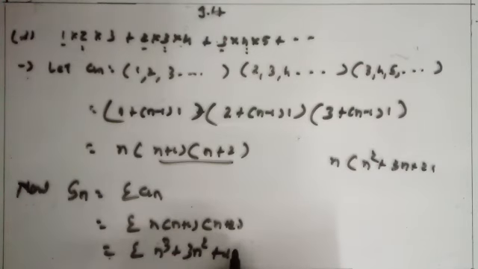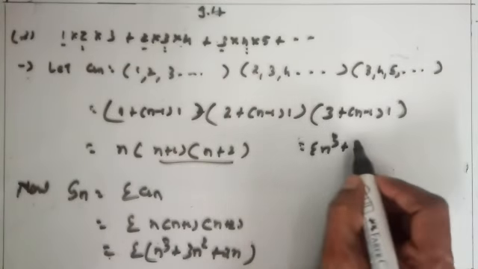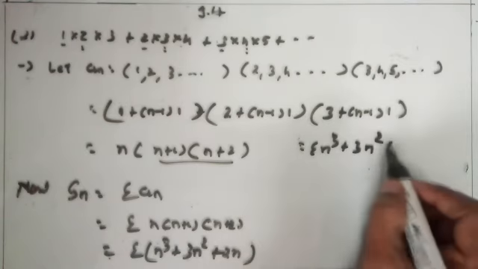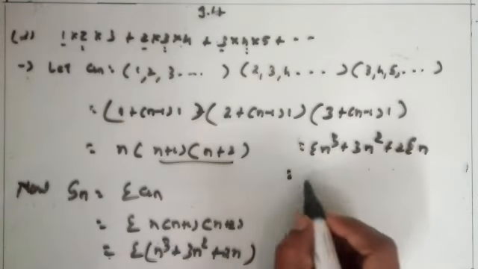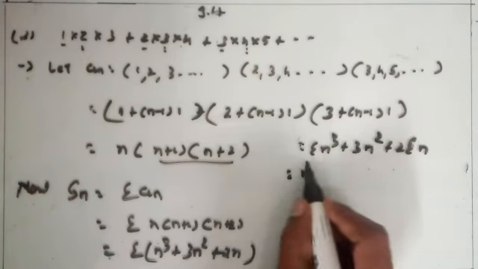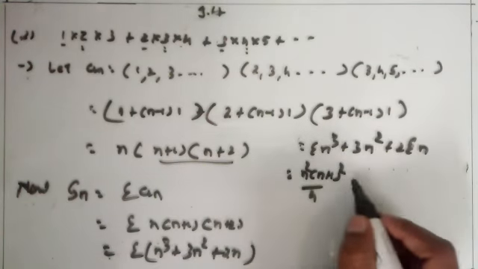Clear? And apply sigma to both. Here we get sigma n cubed plus 3 sigma n square plus 2 into sigma n. And we know that sigma n cubed is equal to n square (n+1) square upon 4.